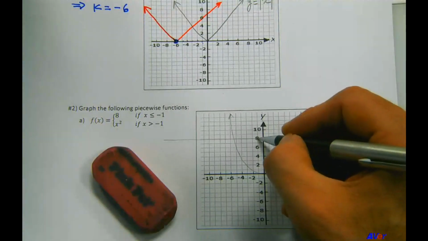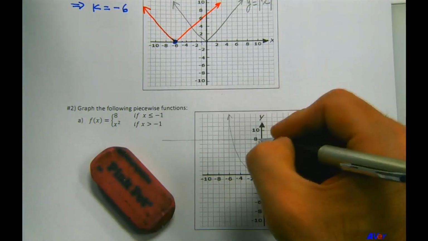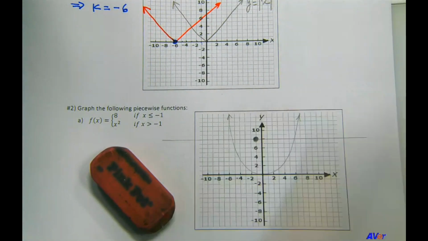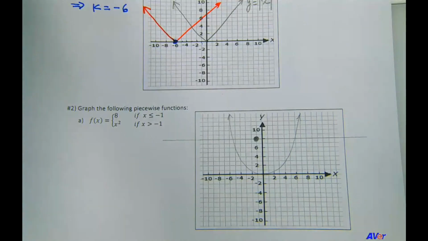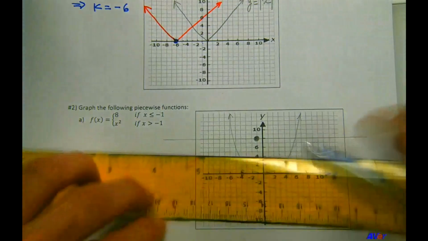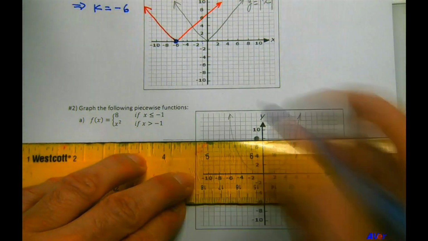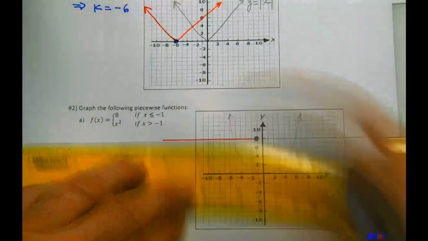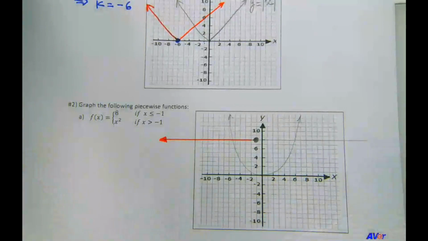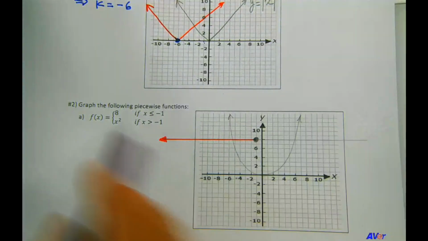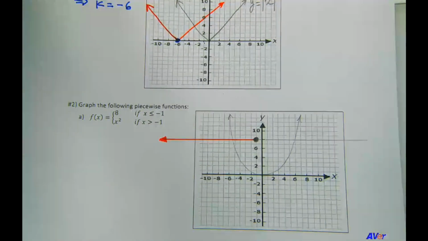So if we're here, and equality is allowed, I'm going to put a filled-in circle here, right on top of 8, and I'm going to draw with a bright color that piece of the graph that I know is accurate, like that. So if x equals -1, then the function value is always 8.